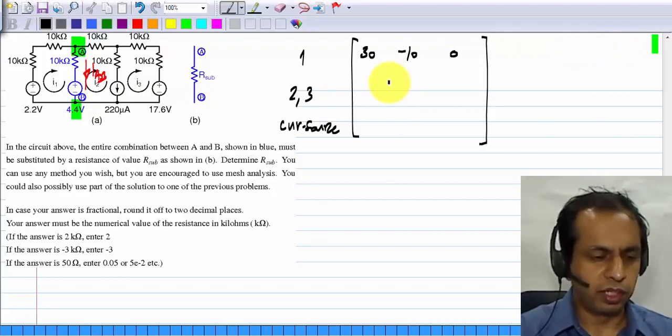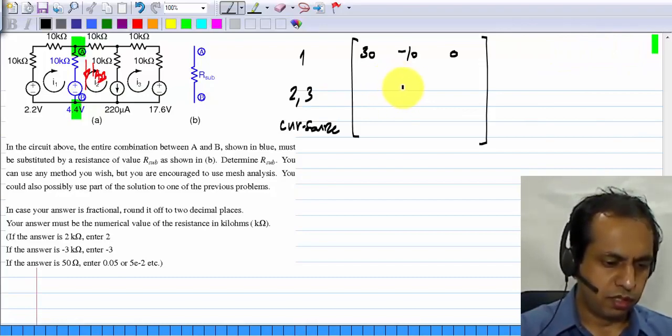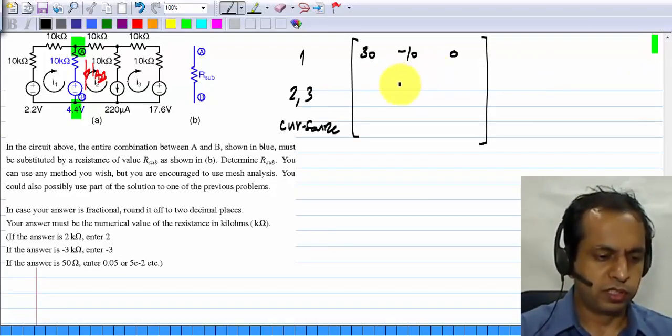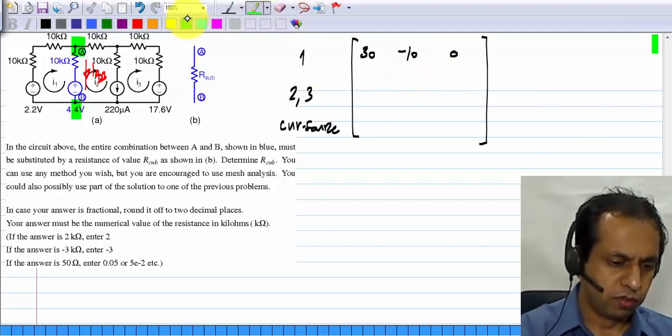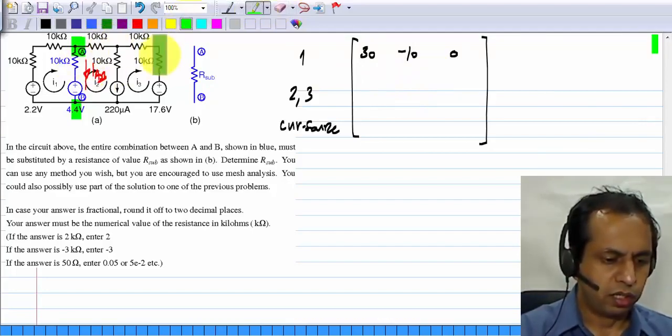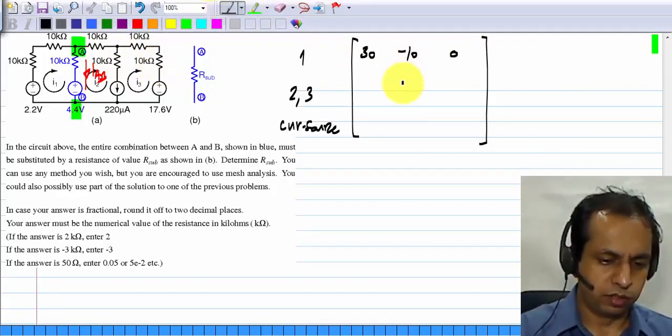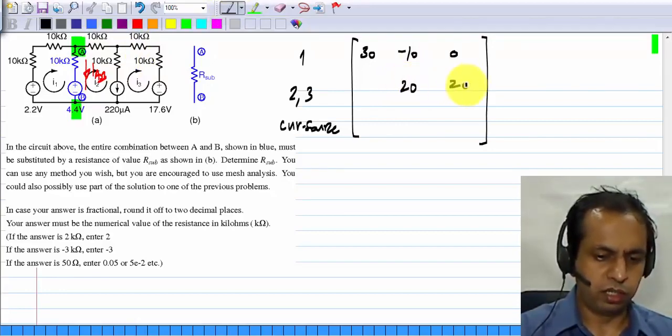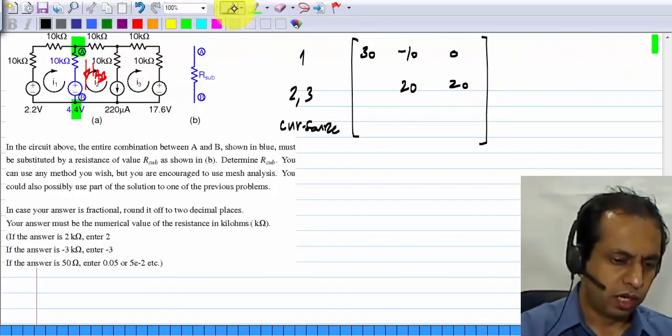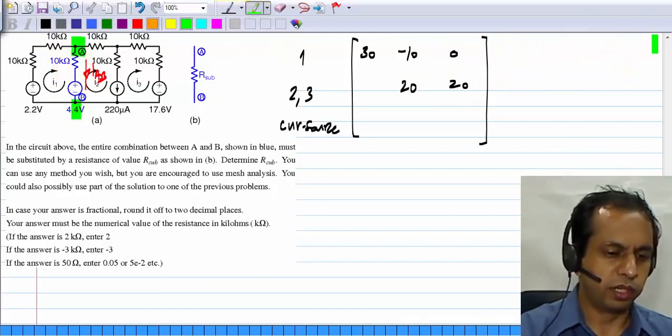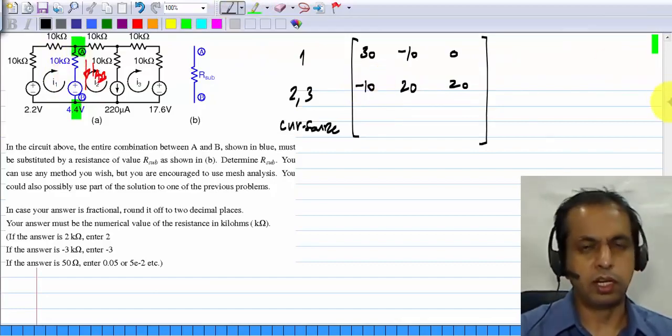For meshes 2 and 3, the resistance through which I2 will flow in the super mesh is 20, and for I3 it's also 20. So we'll have 20 and 20 for I2 and I3, and I1 will flow through this 10 kilo ohms, so you will get a minus 10 there.